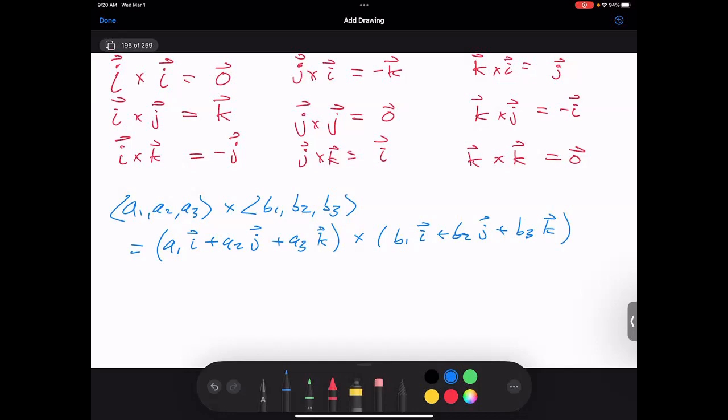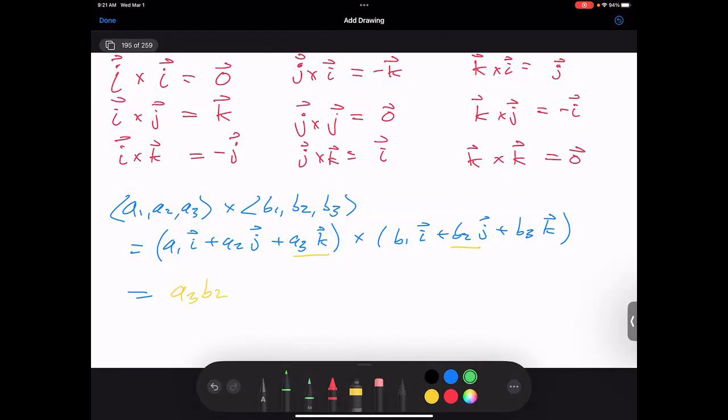Not coincidentally, the first half of the page tells us how to handle each of those 9 terms. So if I want to get something in the I direction, which are the only ones here that can give me something in the I direction? J times K, and what else? K times J. So the first is K times J. So here's my K, here's my J. That's going to give me A3, B2.